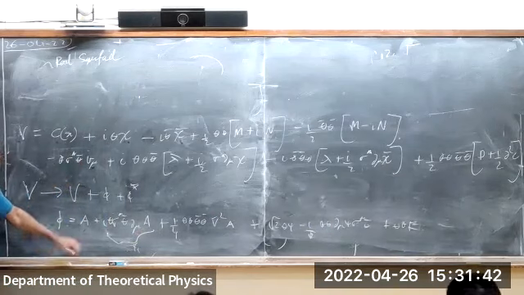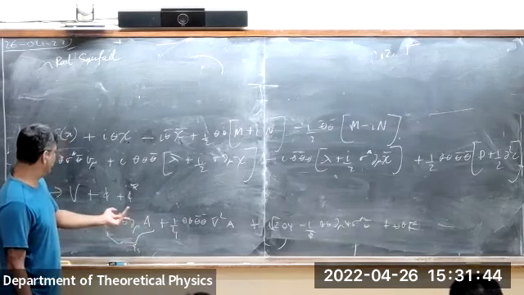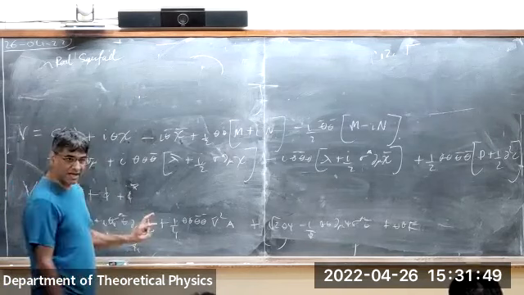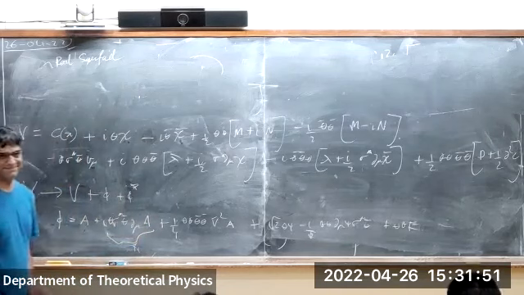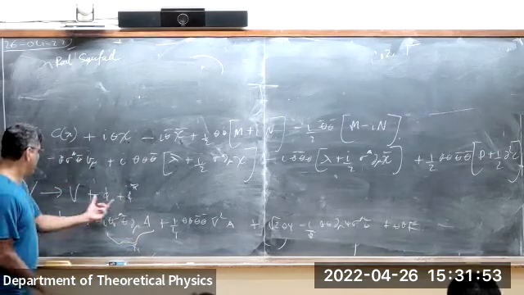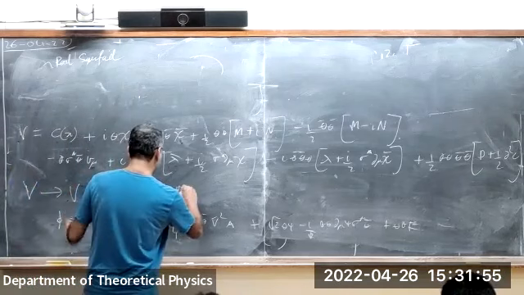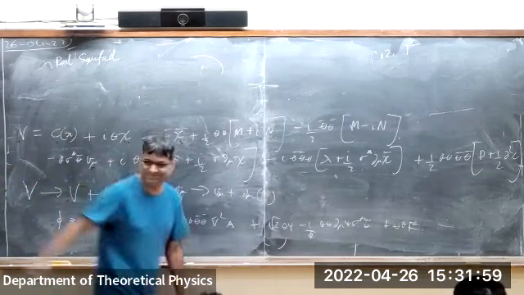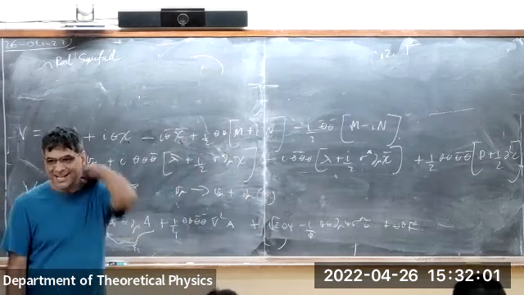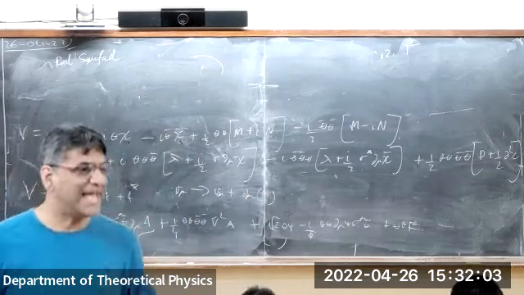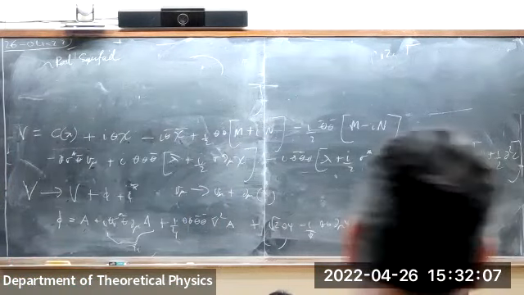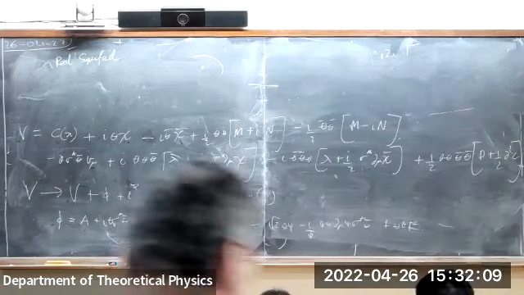There will be a similar term from phi star, where this will be A star. So that will ensure that V mu goes to V mu plus del mu of something real. Yes. Which is exactly the gauge transformation that an abelian U(1) gauge field has.